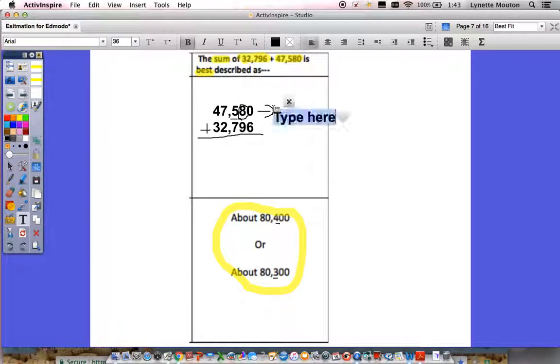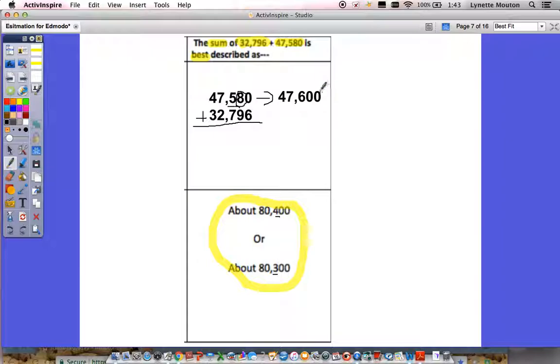We know 58 rounds to 60 because it's closer to it. An estimation is giving us an approximate answer, close to, not an exact answer. So there's our number. Everything to the right became a 0, and it happened to already be a 0, so that was pretty easy. And this one, 32,796.